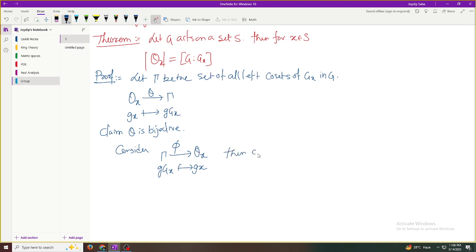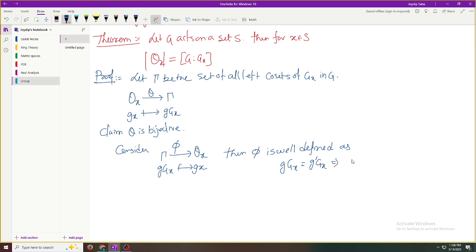Then phi is well defined as gGx equals to, if two cosets are same, equals to g dash Gx.